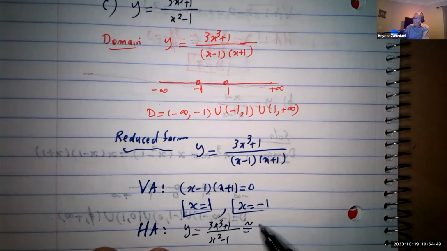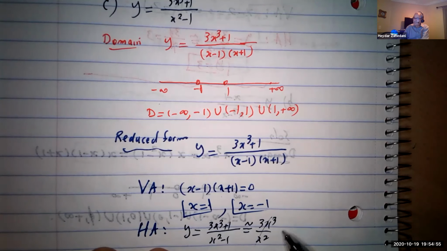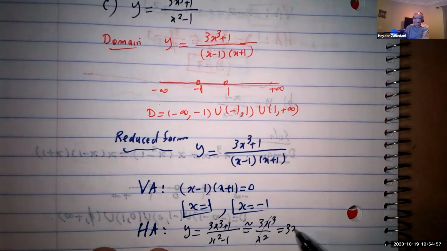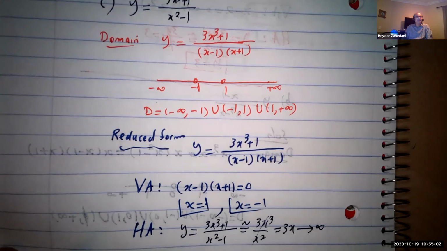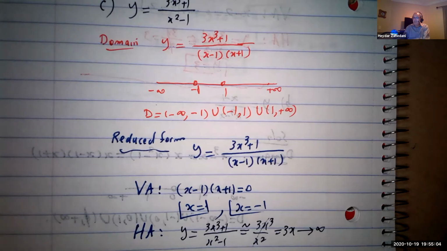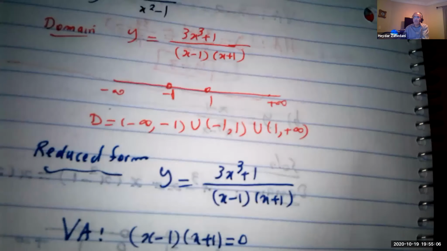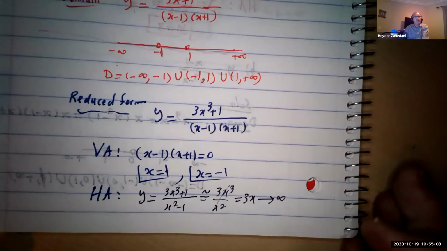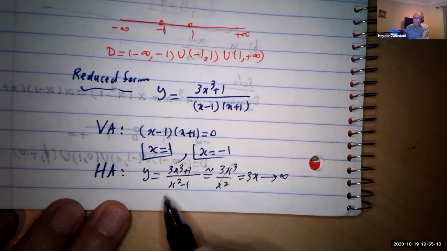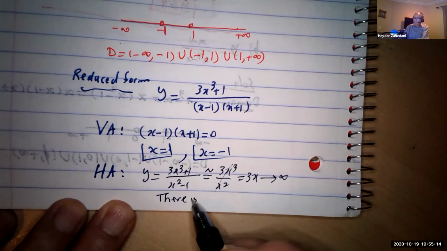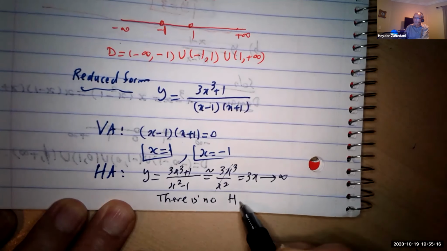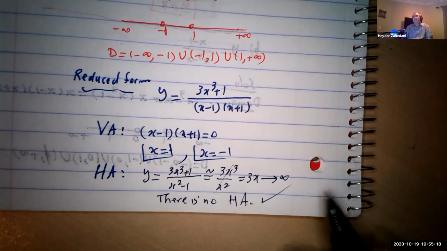But if you shrink it, that gives 3x cubed over x squared. We simplify the x squared, and what is left is 3x. That takes us to infinity because it's not a fraction. So you can say none, does not apply, does not exist, we accept it. So there is no horizontal asymptote, and you're done.